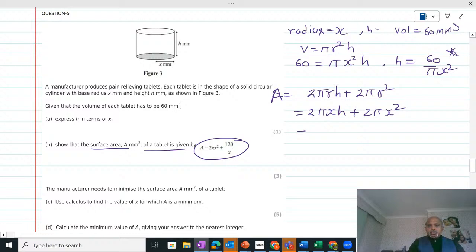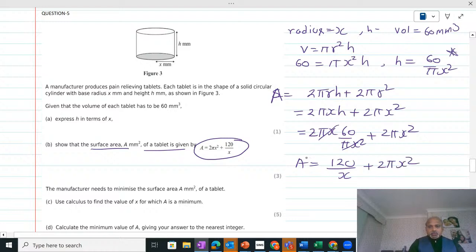So it should be 2 pi x times 60 over pi x square, and this is 2 pi x square, right? If you simplify, it should be 120. 2 times 60 is 120. Pi x and pi x cancel. So it should be 120 over x plus 2 pi x square. This is what we got, right?